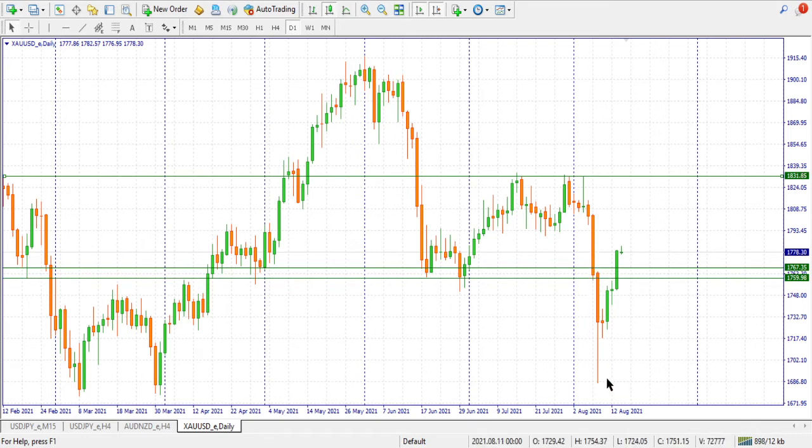So the move which we had to the lower side, the entire move to the lower side is actually a false breakout, and it may push price upwards, at least up to this point here, 1831.85. So technically, this should be the correct place to look for a buy from.